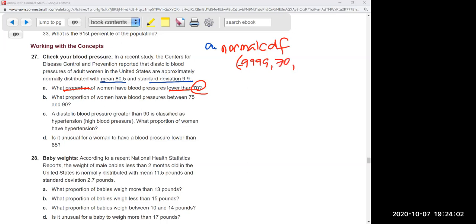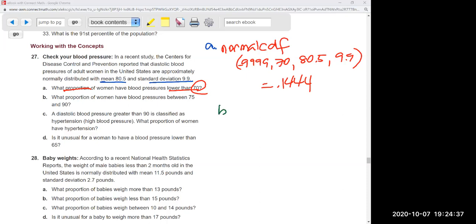Then you have to enter your mean and standard deviation, 80.5 and 9.9. So try that. And answer, that's correct. Thank you, Amanda. 0.1444.